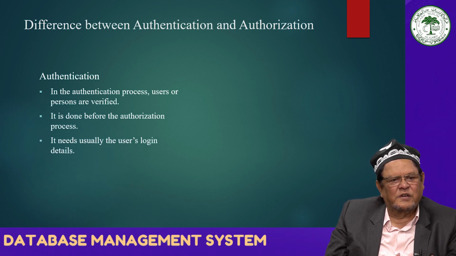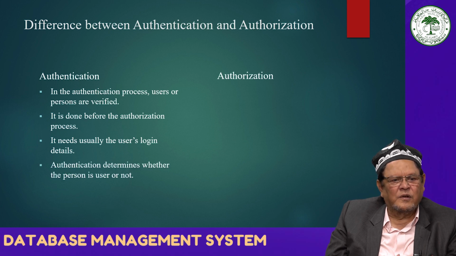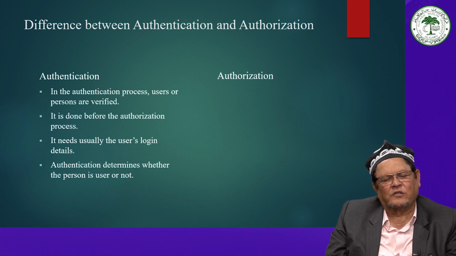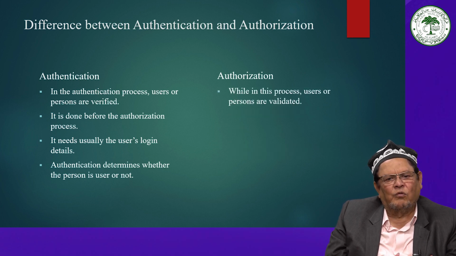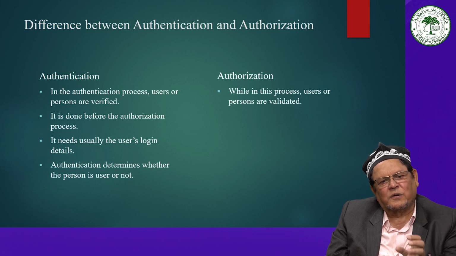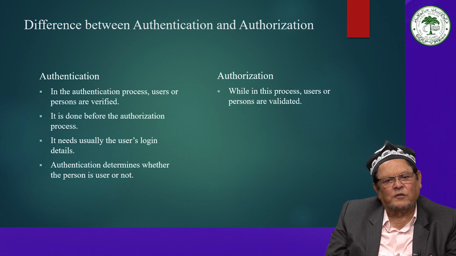Authentication usually needs the user's login details. Authentication determines whether the person is an authorized user or not. Only authentication. In authorization, users and persons are validated. In authorization, what is provided by authentication is 100% secure, and the user is an authorized person.